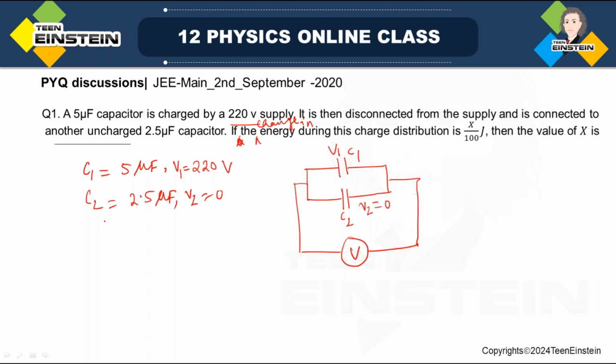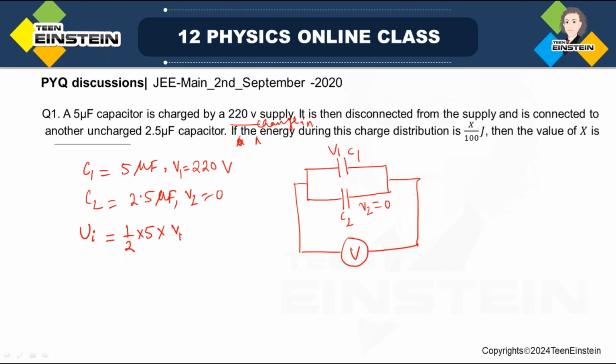So before you calculate the change in the energy, we have to know what the initial energy was. Initially the energy was half C1 V1 square, because it was charged.